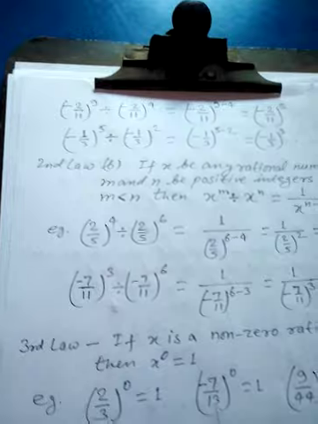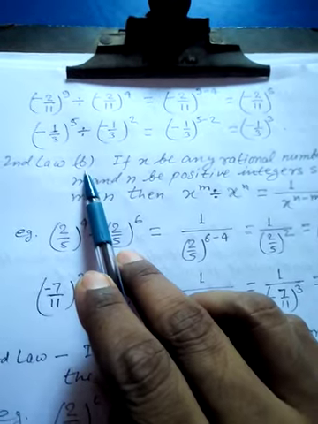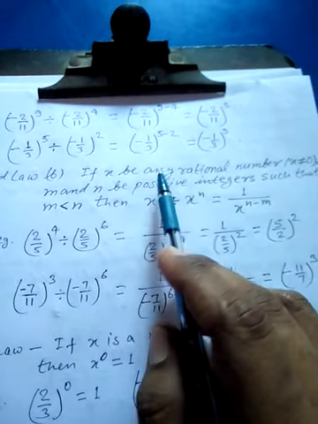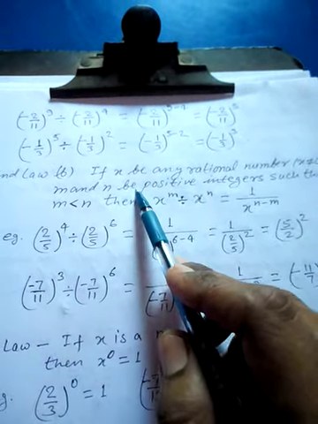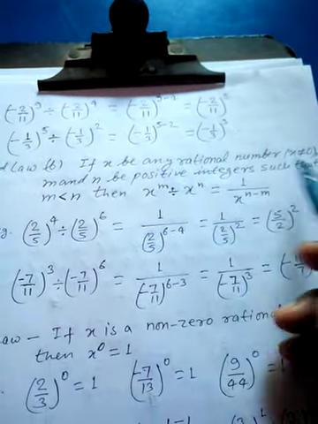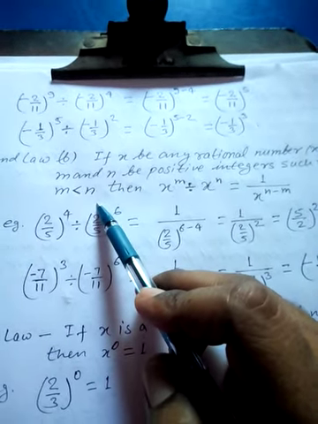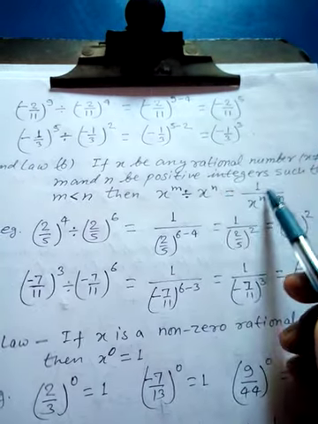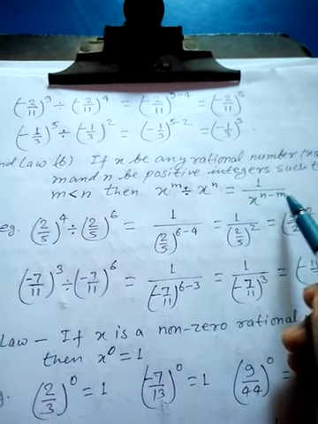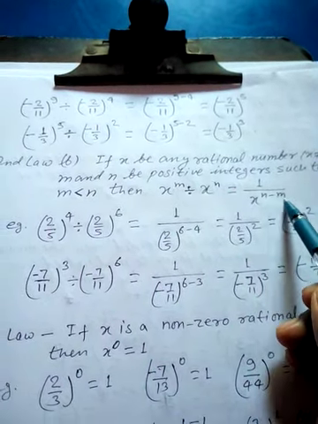Now the second law: if x is any non-zero rational number, and m and n are positive integers such that m is less than n, then x to the power m divided by x to the power n equals 1 by x to the power n minus m, greater minus smaller.